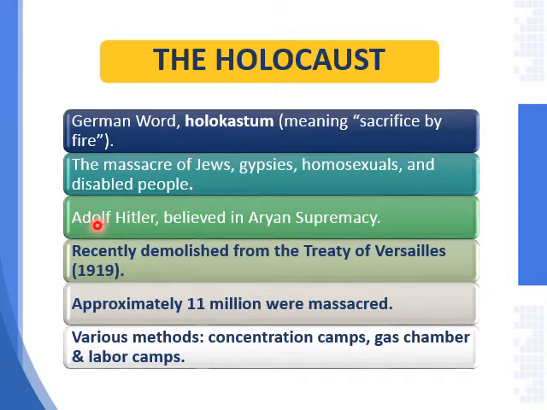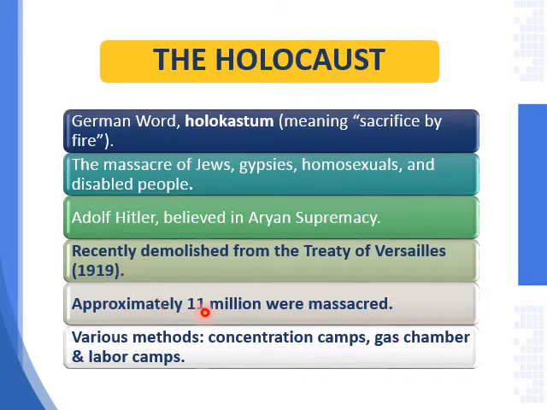The leader, Adolf Hitler, believed in Aryan supremacy, and that all others were inferior and were a disease and a serious problem to the development of the German economy. But this was recently demolished from the Treaty of Versailles in 1919.